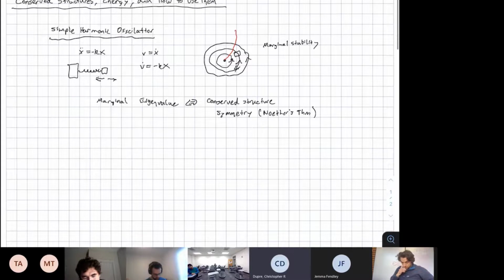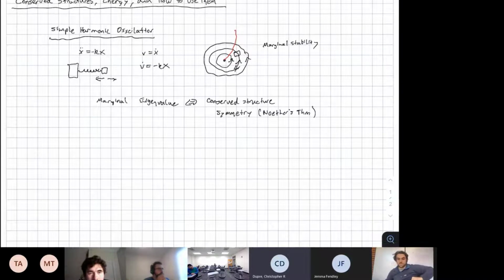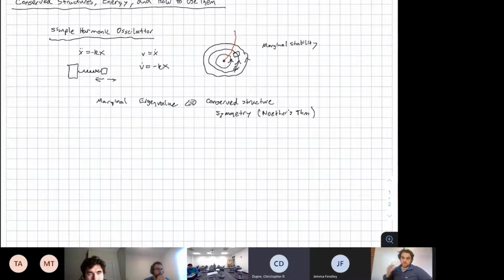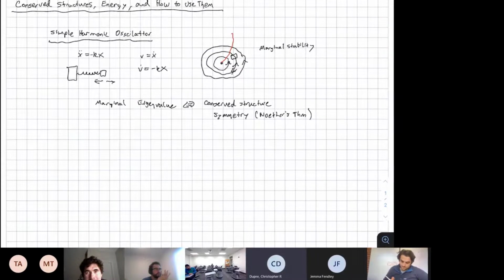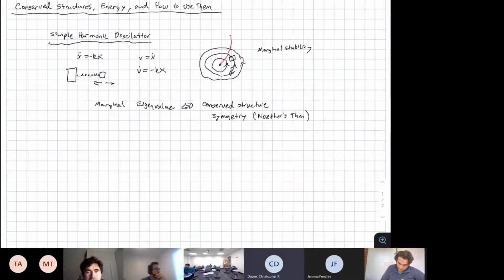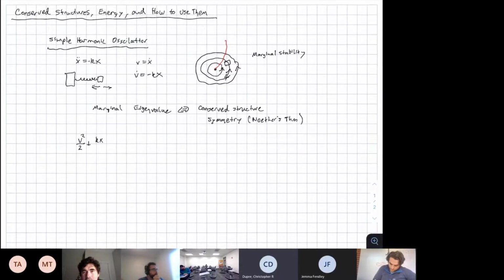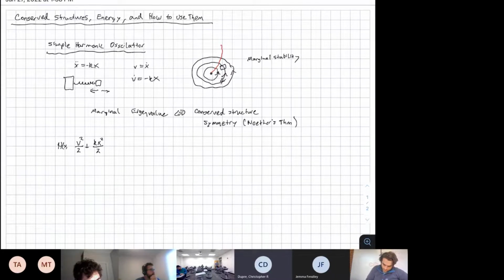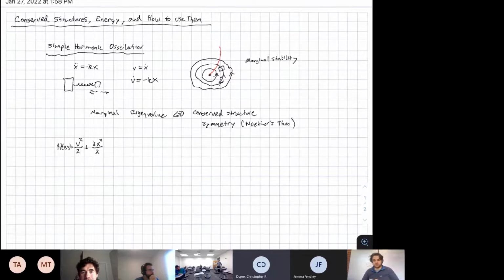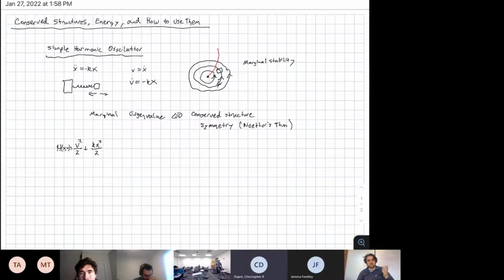Okay, and what is actually conserved here? Well, in every introductory physics course, either your high school physics course or your quantum mechanics course, you learned that the simple harmonic oscillator had a conserved energy, and that conserved energy in this case would have just been v squared over 2 plus k x squared over 2. Okay. And this is a function of both x and v, and we're going to call it the Hamiltonian.